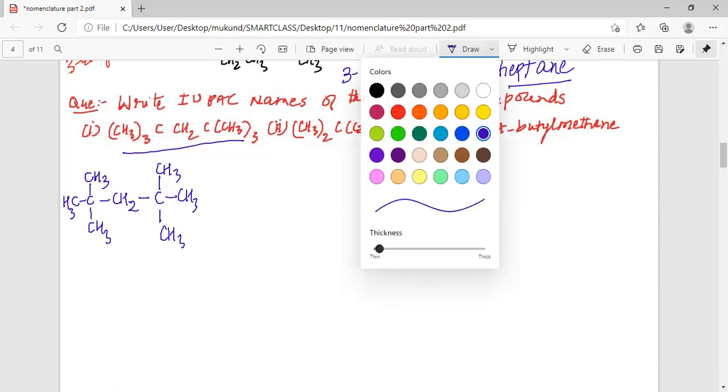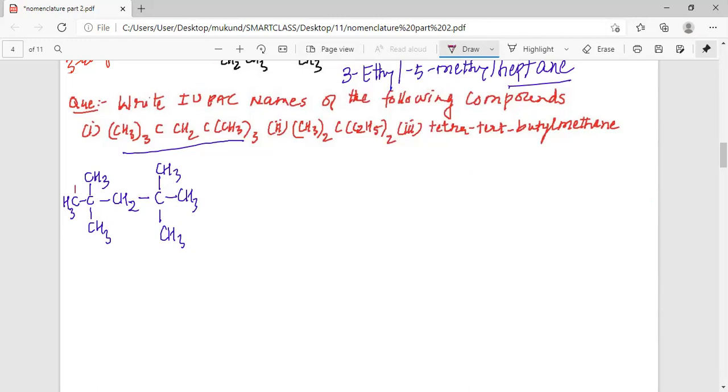Now we can write the numbers. So when we write the numbers, let us write 1, 2, 3, 4 and 5. This is the longest chain, or we may have 1, 2, 3, 4 and 5. Now if you put the sum, it is 2 plus 4.